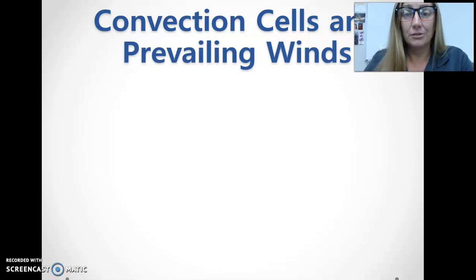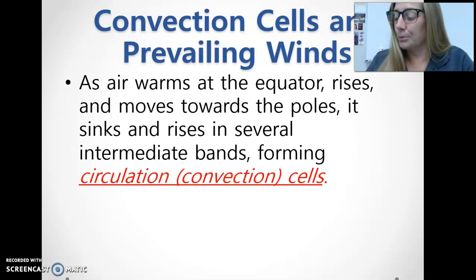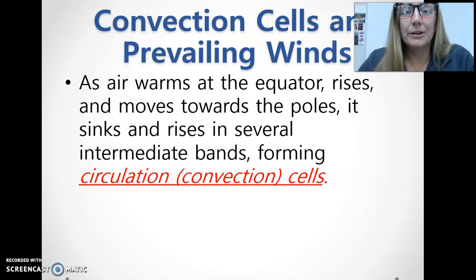Earth, and just to refresh your memories, convection is the principle of warm, less dense things rising and cool, more dense things sinking. That's what convection is. And so we know, if we're talking about the air, at the equator the air is warm because the equator receives direct sunlight.